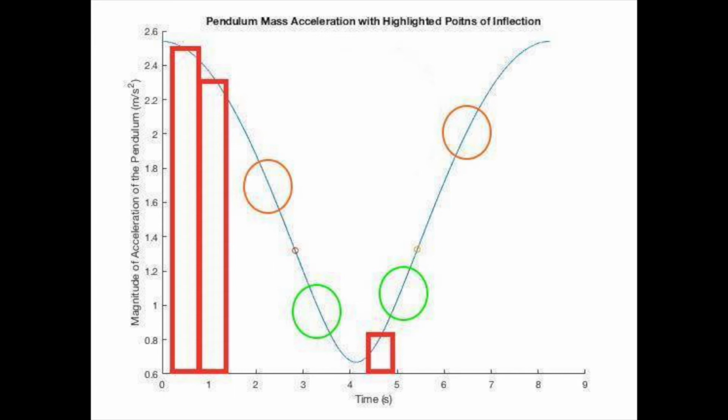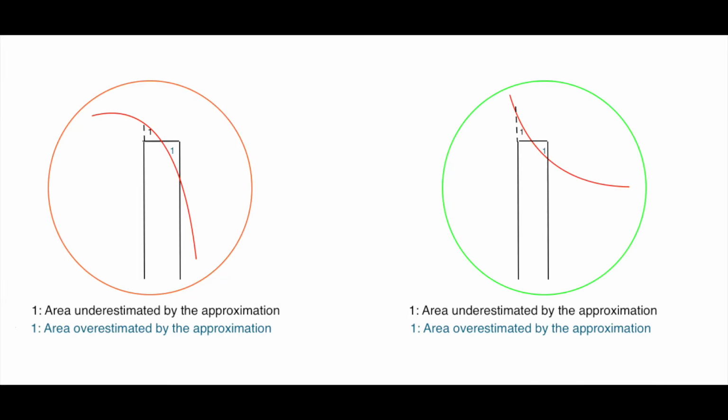The first one is where the tangent of the curve is continuously falling, which is denoted by the orange circles. The second one is where the tangent to the curve is continuously rising. At regions where the tangent slope decreases, as seen in the left image, the area calculated by the rectangular approximation is greater than the actual area under the curve.